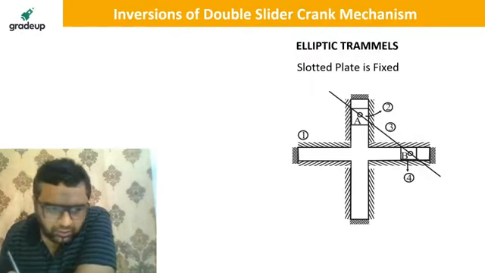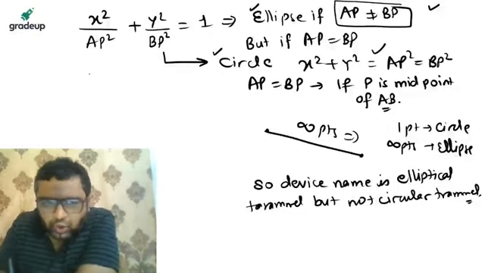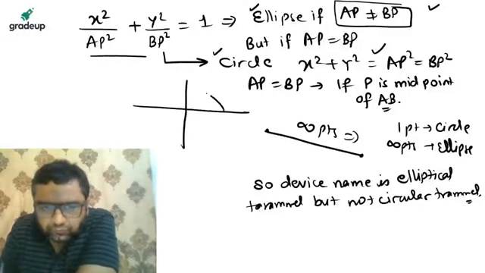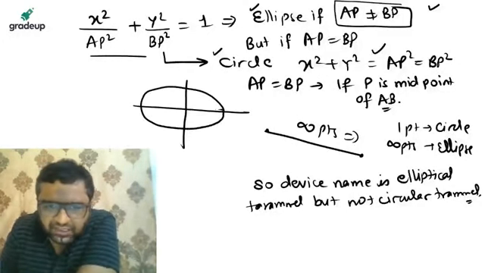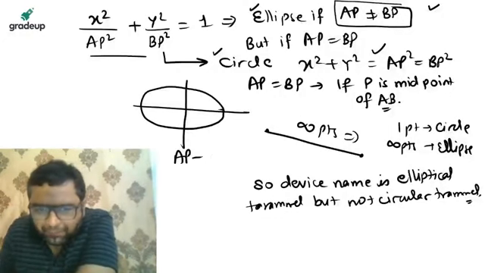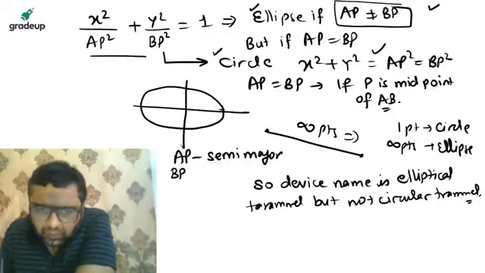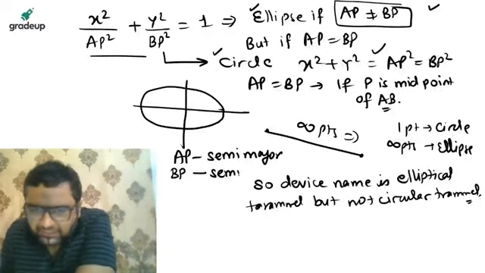Okay, dear. So if this is the equation of an ellipse, you will say AP to be the semi-major axis and BP to be the semi-minor axis.